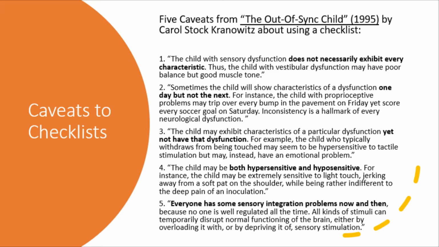For instance, the child may be extremely sensitive to light touch, jerking away from a soft pat on the shoulder, but be indifferent to the deep pain from getting shots. And lastly, everyone has some sensory integration problems now and then, because no one is well regulated all the time. All kinds of stimuli can temporarily disrupt normal functioning of the brain, either by overloading it with or depriving it of sensory stimulation.